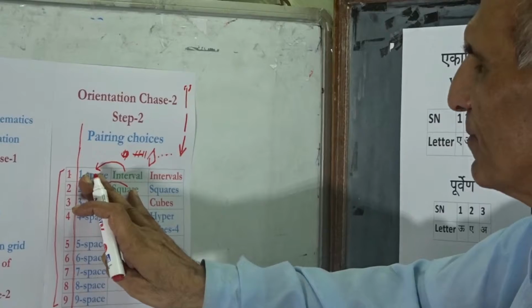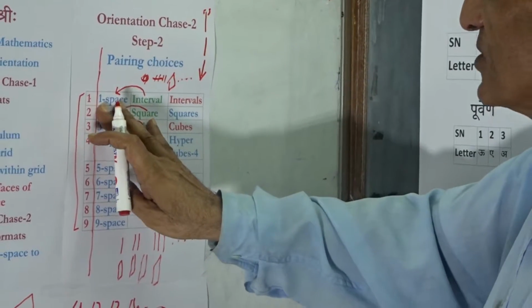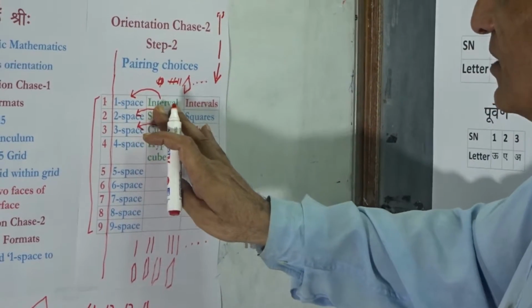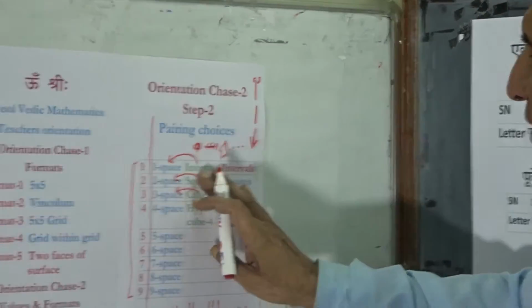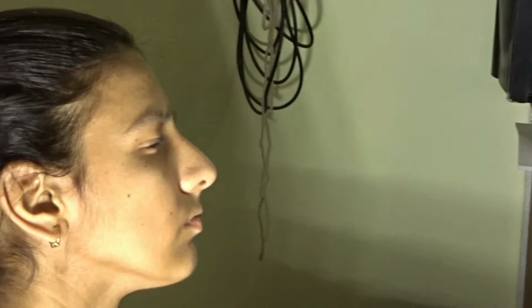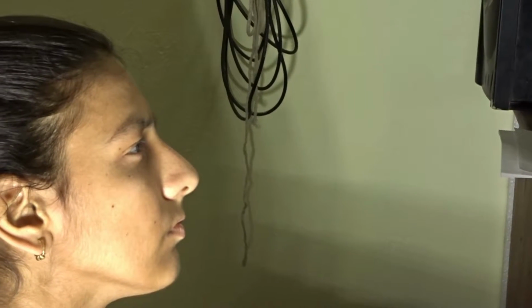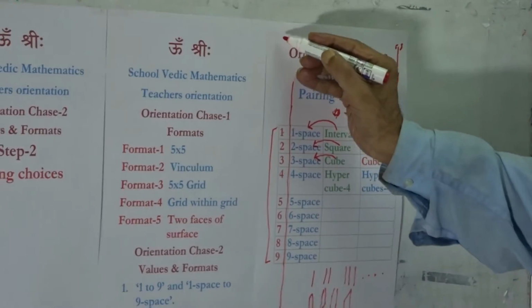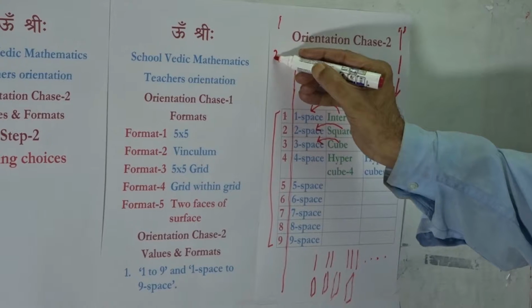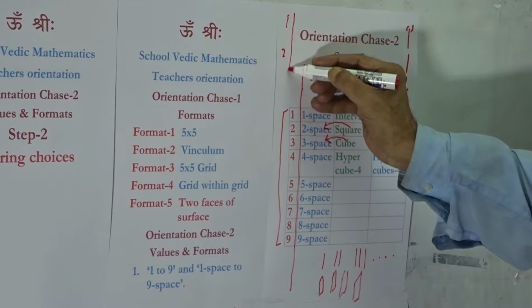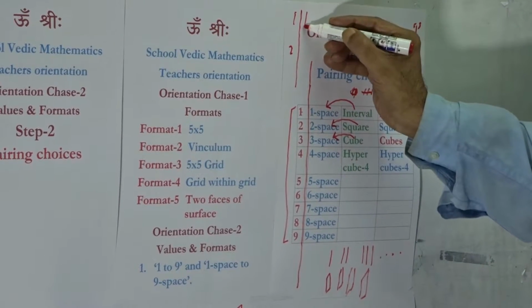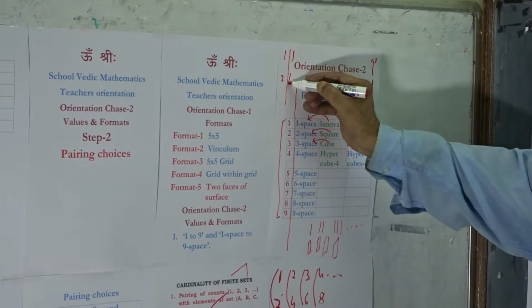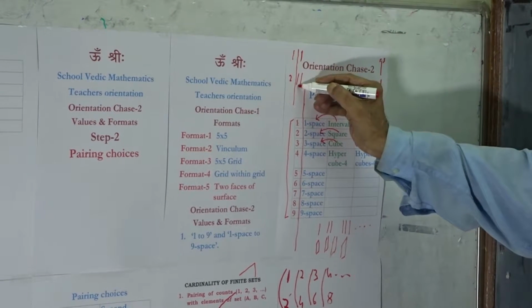So the one space which we were taking abstractly, we're connecting it with an interval, and then when we came face to face with this situation, that there could be many similar, multiple similar things available like 1. So when we reach from 1 to 2, in fact what we are doing, we are trying to appreciate that here is a single one, and here is a double one, there are a pair of ones.